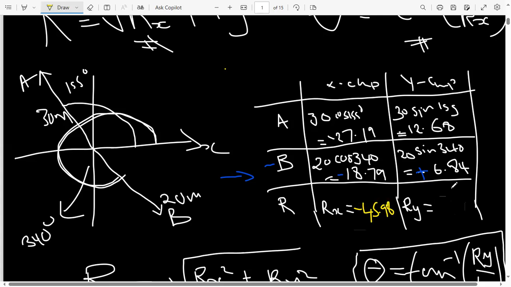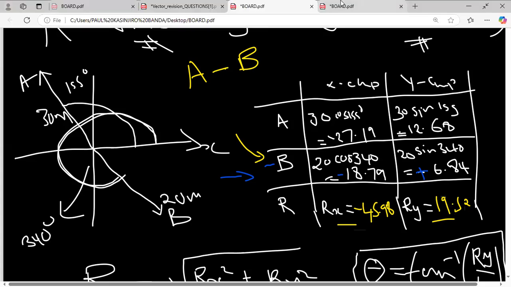And then here, we just have 12.68 plus 6.84, so now we have 19.52. So this here will be the x component and the y component of, remember now we are finding what? A minus B. No wonder we've introduced this negative there. So let's get this and try to find the magnitude and the angle using them.